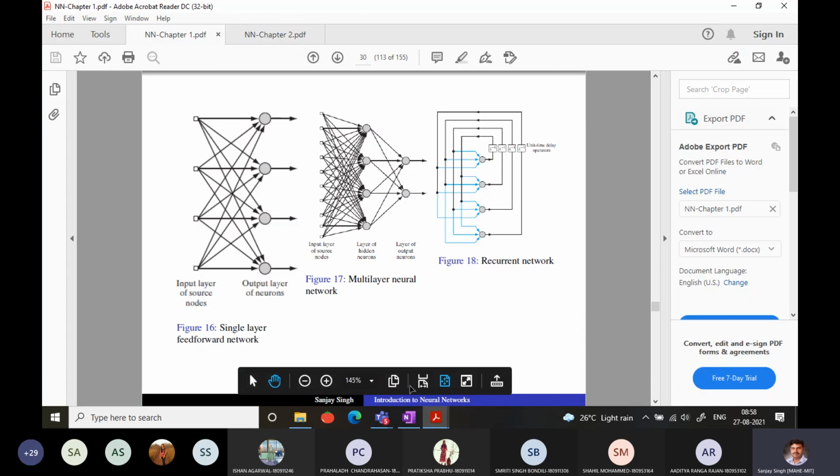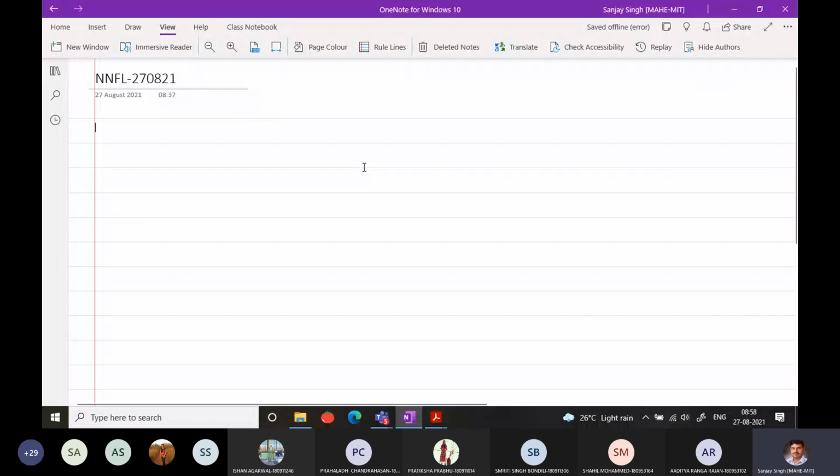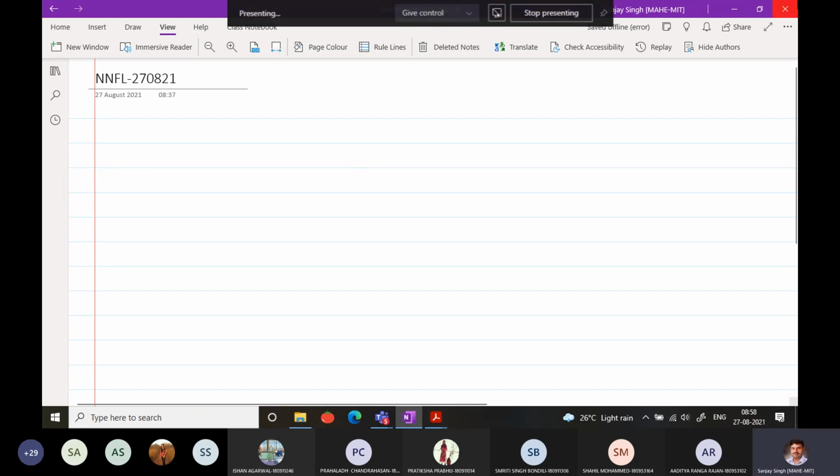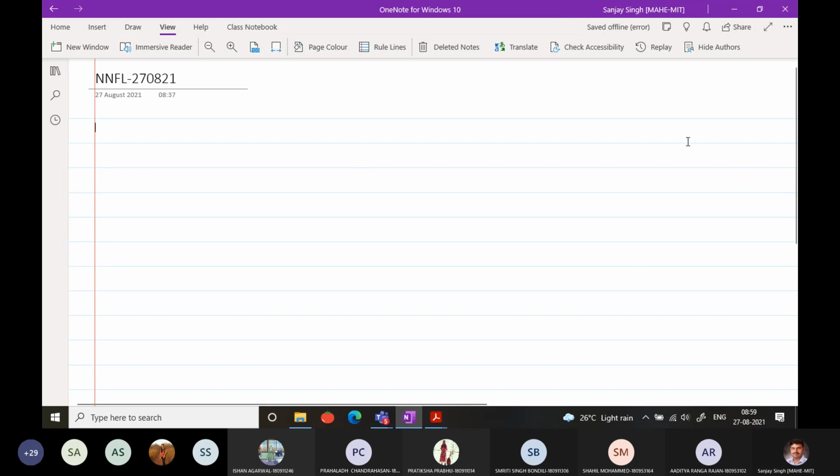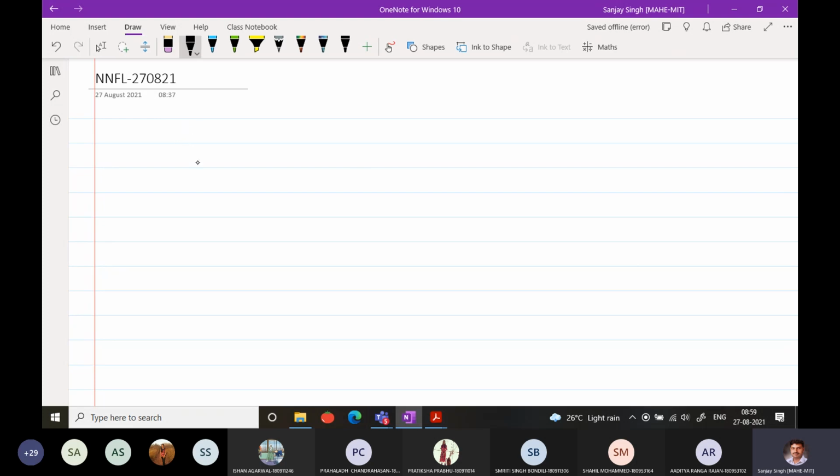I don't know how many of you have studied difference equations. Have you ever come across difference equations? Not differential, difference equations.